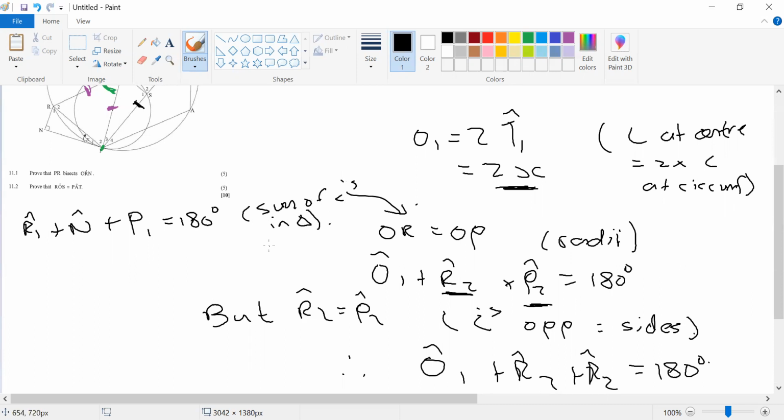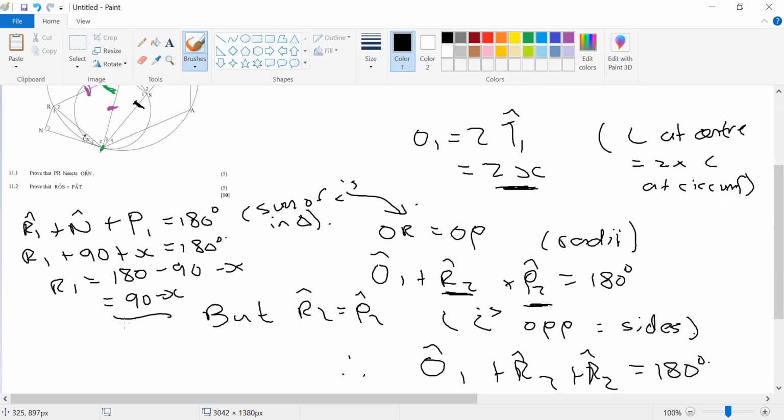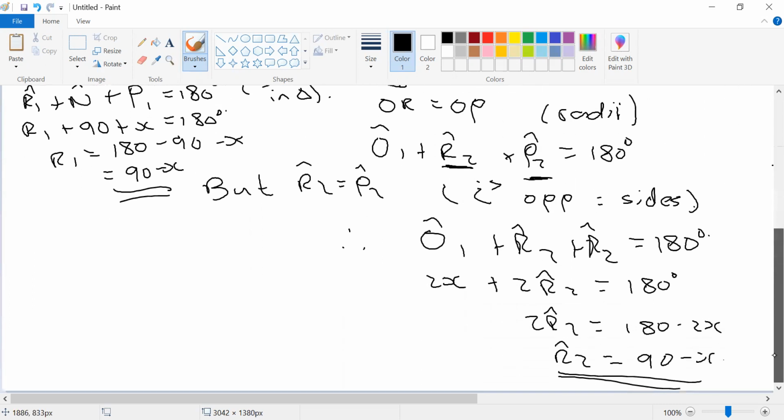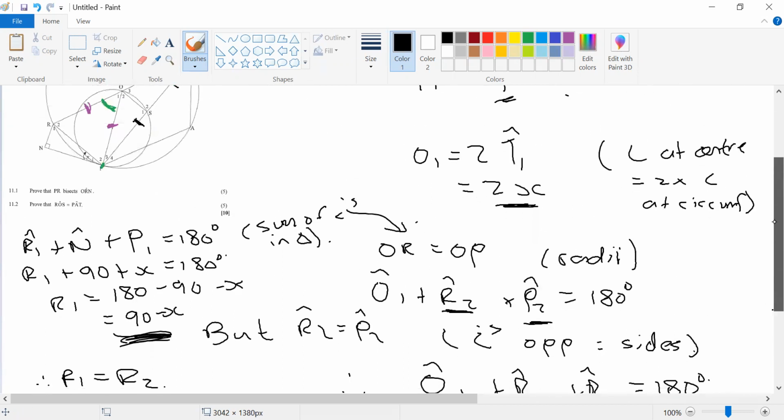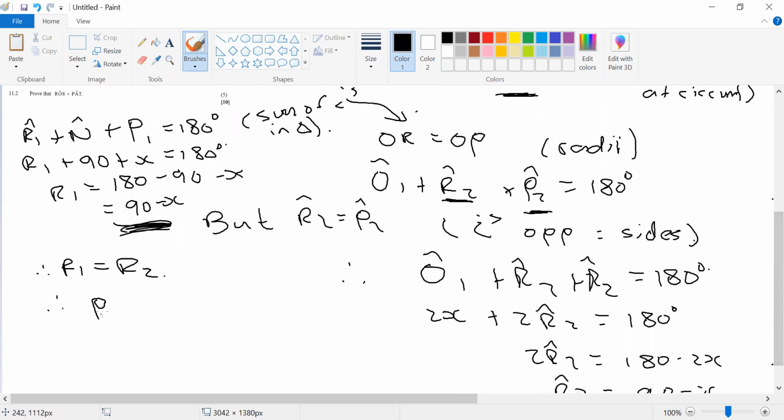And now if we start substituting what we know, this would be R1 plus 90 plus x is equal to 180. And then R1 is equal to 180 minus 90 minus x, which is just 90 minus x. And now if we take a look at what we've calculated, we can see R1 is 90 minus x, R2 is 90 minus x, therefore R1 is equal to R2, and therefore PR bisects ORM.